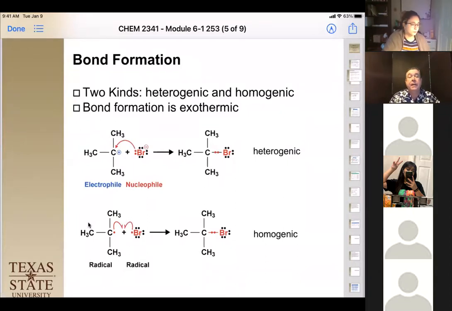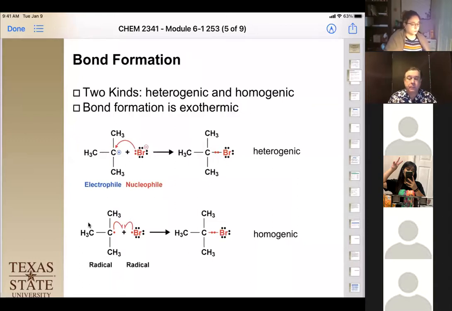Now, in this case, we're going to learn the term electrophile and nucleophile. An electrophile is seeking out electrons or negative charge. A nucleophile is seeking out a positive charge to share its electrons with. We're going to do a lot more about nucleophiles and electrophiles, but I wanted to introduce the topic because it's here on the slide.